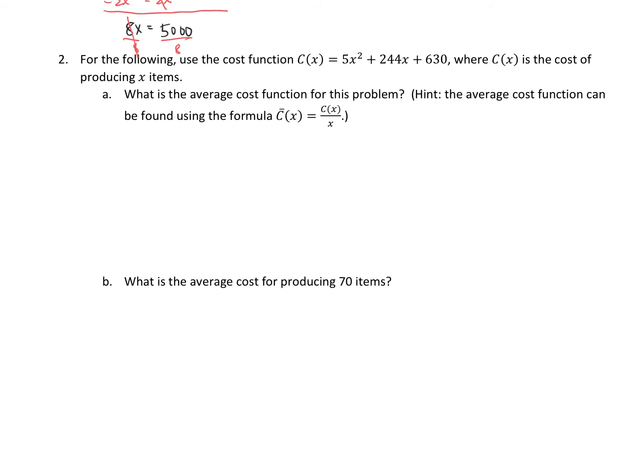So the average cost function can be found by taking the cost function and dividing it by X. So we know the cost function is 5X squared plus 244X plus 630, and we just want to divide that by the variable X, and that's going to give us our average cost function.